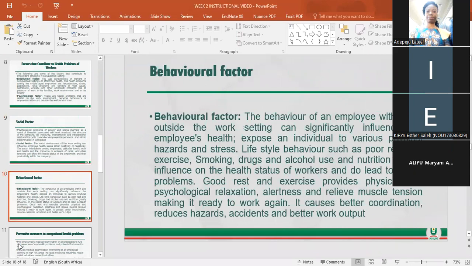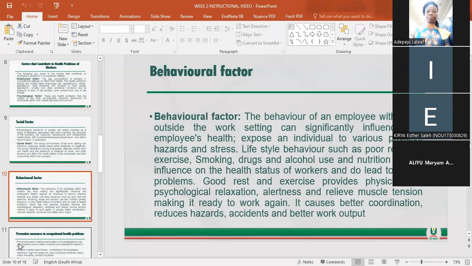For now, the behavioral factor, that is the behavior of the workers, is also a factor in sustaining occupational outcome.